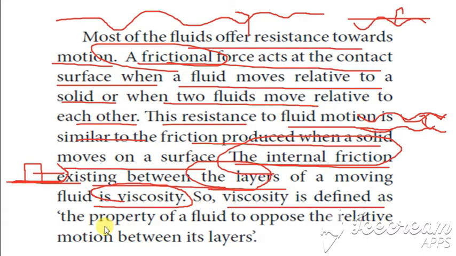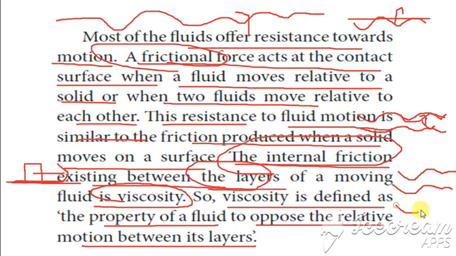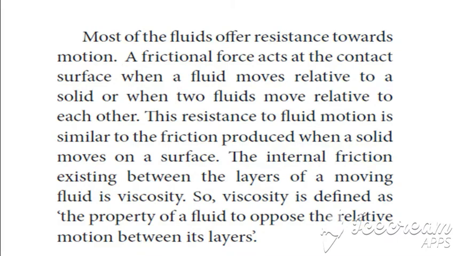Viscosity is defined as a property of the fluid to oppose the relative motion between its layers. Between any two or three layers there is an opposition of movement, and that is said to be viscosity. Clear what viscosity is?